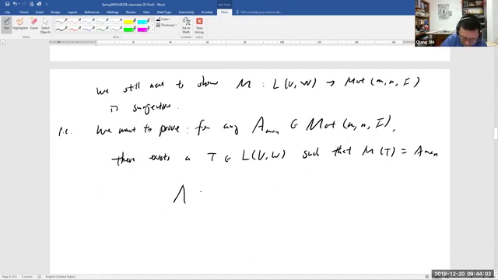So actually this direction is not that bad if you understand the definition. So we have the A11 up to A1n, Am1 up to Amn.